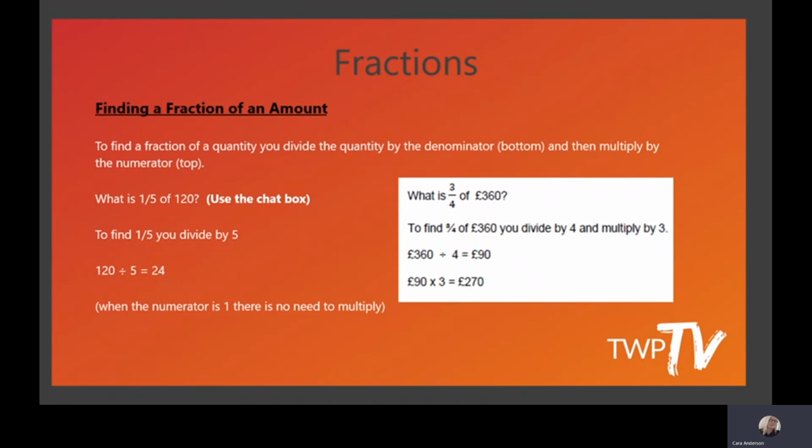I don't need to do that second step, times by the top number, because the top number is 1. If I times it by 1, I'm still going to stay with 24. If you want to show that in your working out, if that makes more sense in your head, you can. Again, you won't lose any marks for that, but you don't have to show it because the answer will just stay at 24. Okay, so 1/5 of 120 is 24.